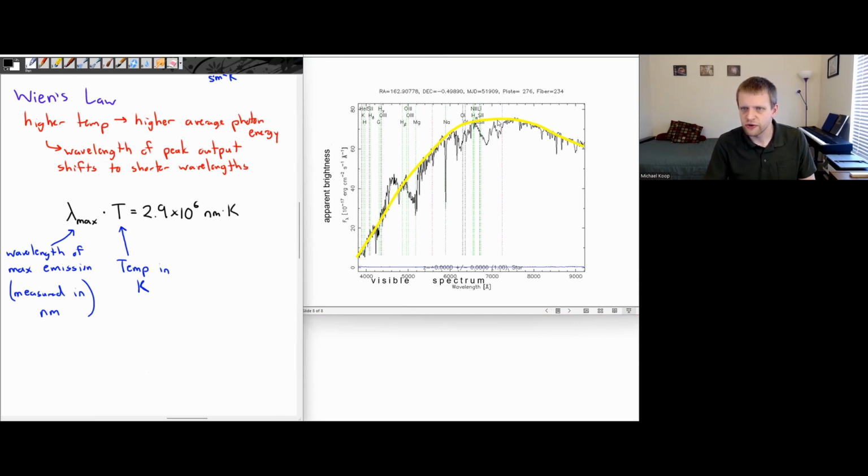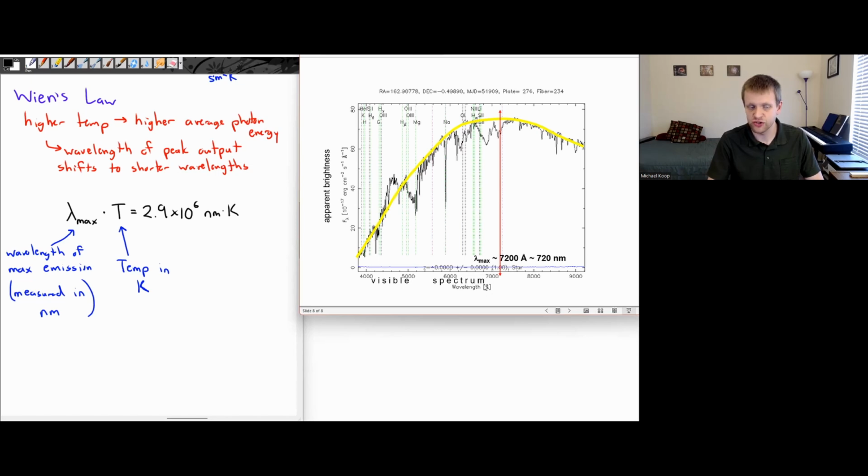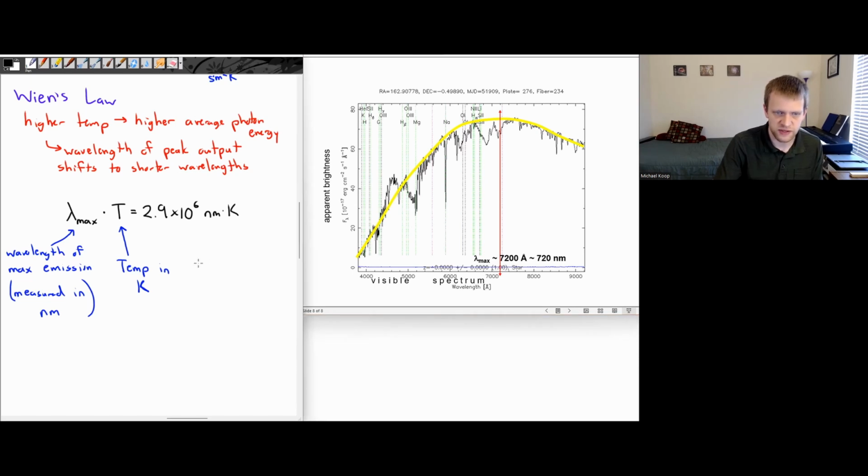But if we look at this graph, that peak seems to be showing up at around 7,200 angstroms. This particular graph is listing the wavelengths in units called angstroms. And just for reference, if you see one of these graphs in the future, 10 angstroms equals 1 nanometer.